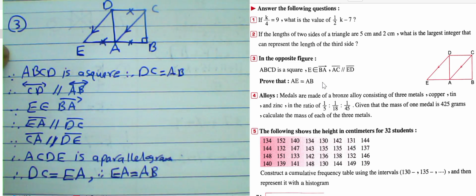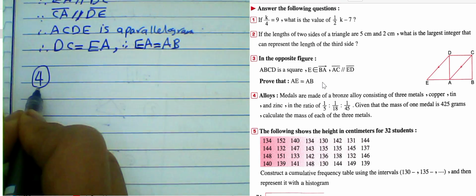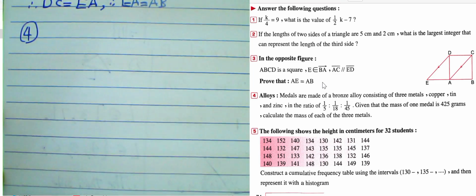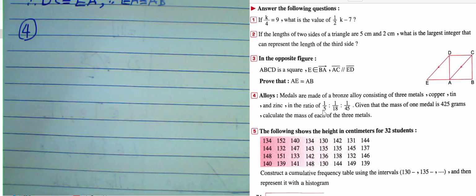See question number 3. Now question number 4. Pay attention to this question. Medals are made of bronze, an alloy consisting of 3 metals: copper, tin, and zinc, in the ratio 1/5 to 1/18 to 1/45.